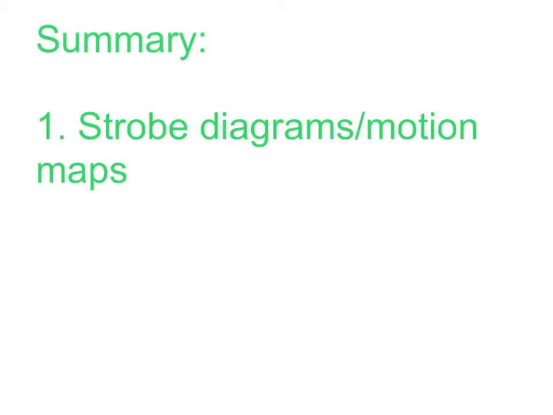So to summarize, let's again go back to each of the 3 methods that we use to describe motion. First, we learned about strobe diagrams or motion maps. These show visually in a picture the relationship between the position of an object, where the object is, in a certain amount of time.